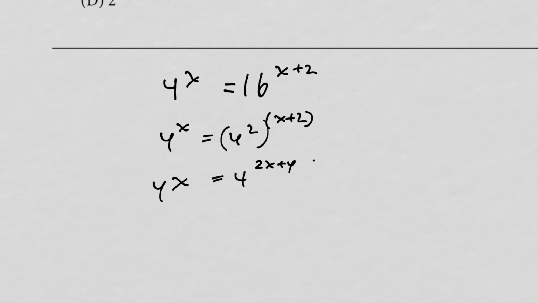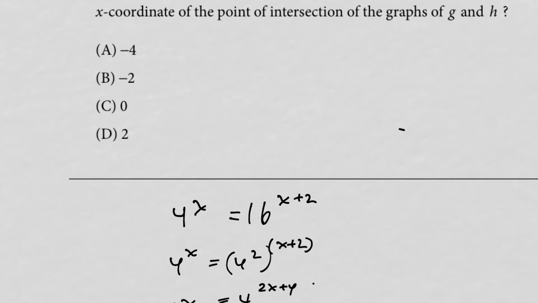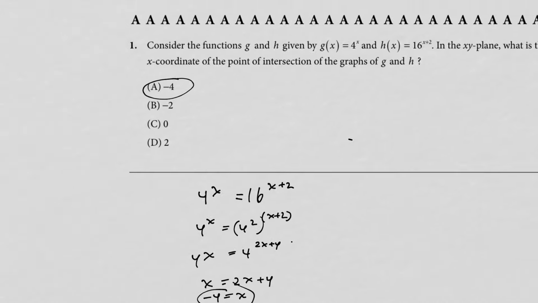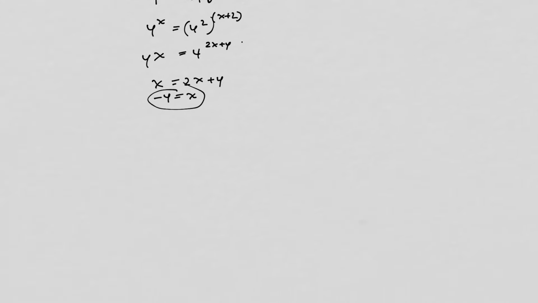And now they're both 4 to a power, so I can just set the two exponents equal to each other and solve. Get -4, which we hope is an answer, and it is. Answer to the first question is choice A.